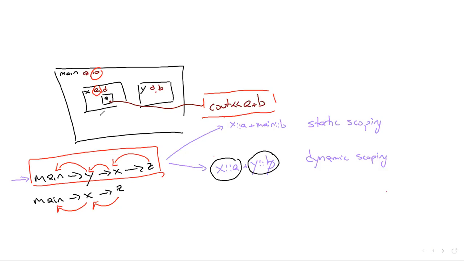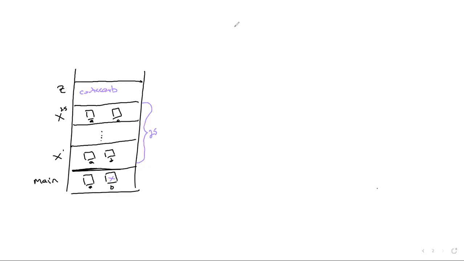So if I am now within Z and trying to do this cout a plus b, I am going to make an assumption, which is a valid assumption, that X is on the stack and main is on the stack. I do not know where. It could very well be that I even have a Y here in the middle somewhere. Let's change the picture a bit and add here Y, just for the sake of completeness. So let's say this was Y that called X, and this was main.